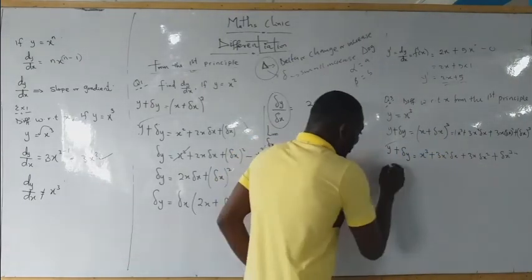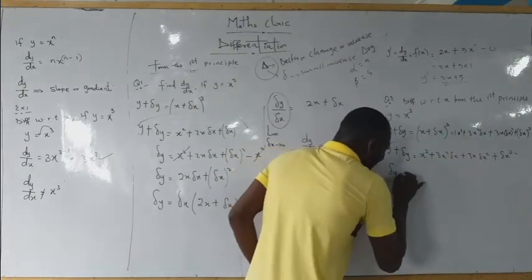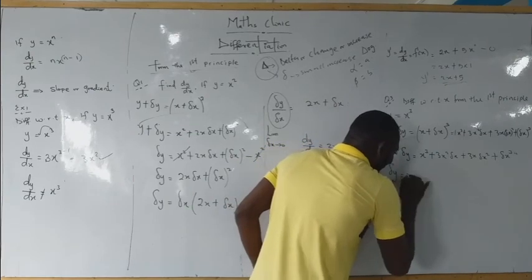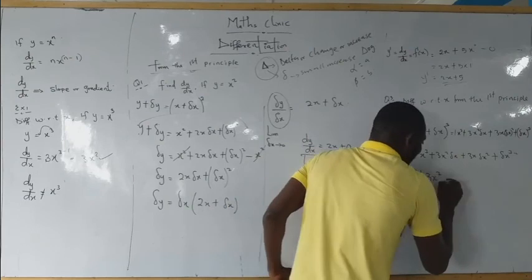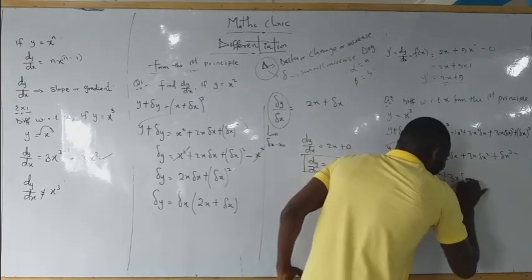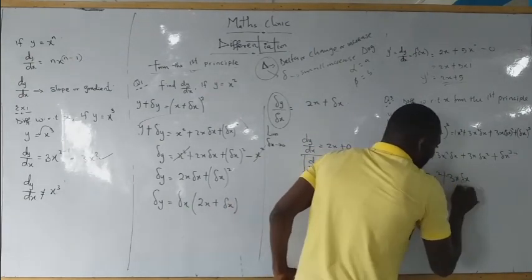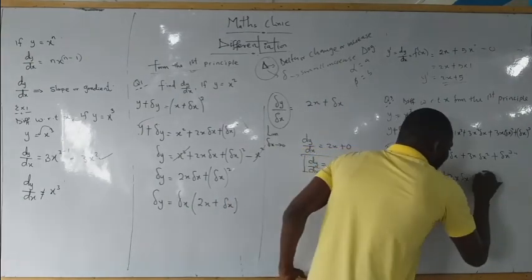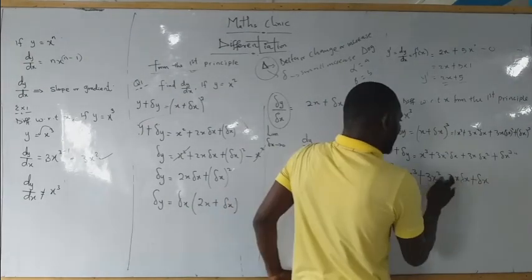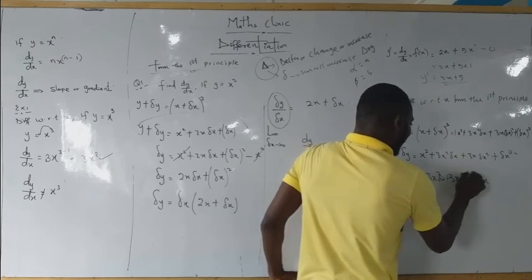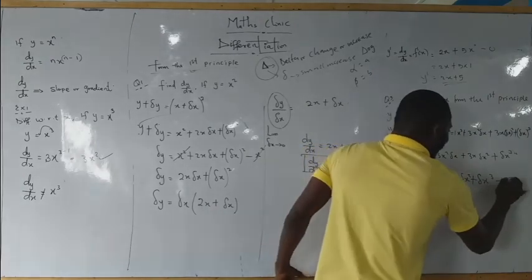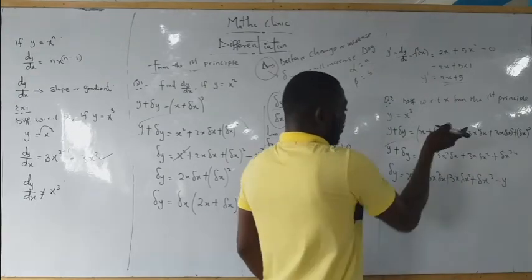It becomes dy equals x cubed plus 3x squared dx plus 3x dx squared plus dx cubed minus y.